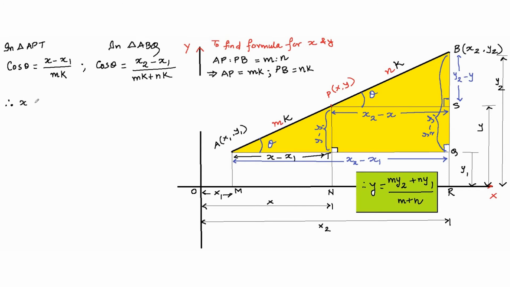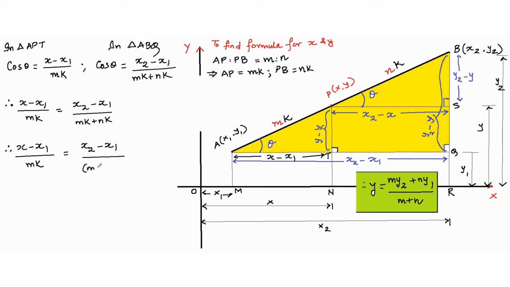Therefore, I can say x minus x1 divided by mk is equal to x2 minus x1 divided by mk plus nk. And therefore, x minus x1 divided by mk is equal to x2 minus x1 divided by m plus n times k.